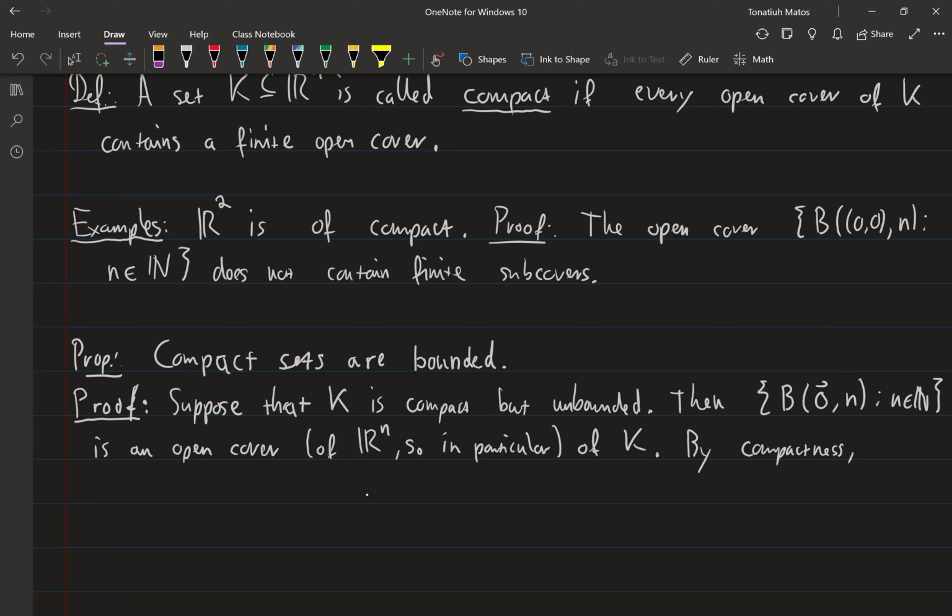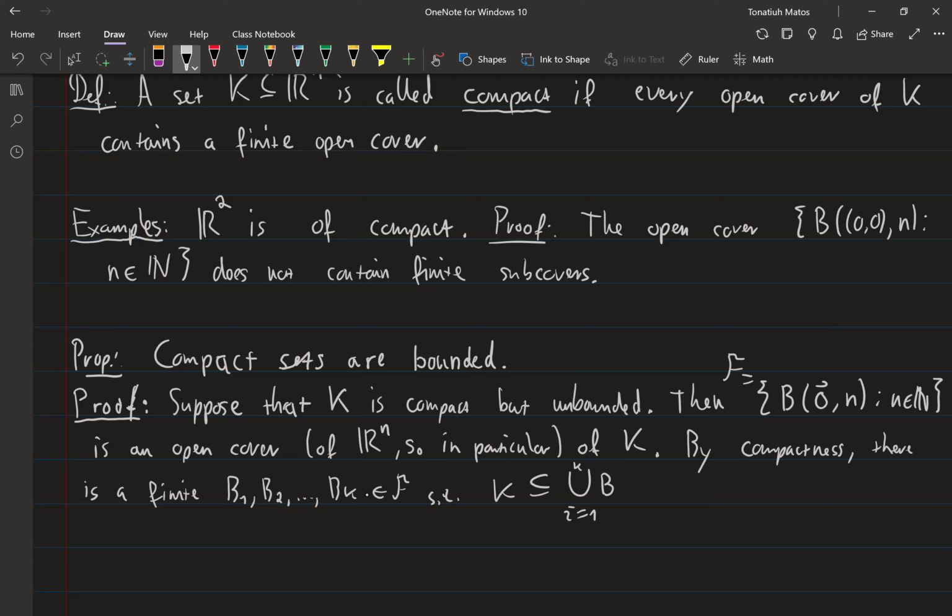By compactness, there is a finite amount, let's just write it down, B1, B2, all the way to BK inside this cover, call it F, such that K is covered by this amount, right?